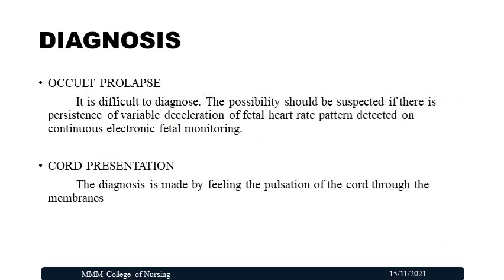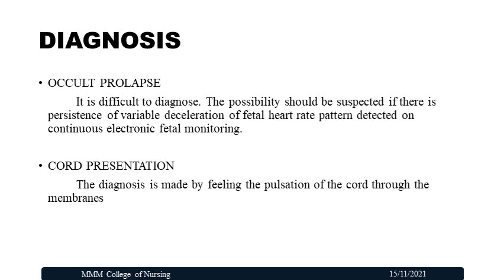Diagnosis of cord prolapse. So already we have seen the types of cord prolapse. Based on the type, we can diagnose cord presentation or cord prolapse. The first one is the occult prolapse. In this case, the cord is placed by the side of the presenting part, so it is very difficult to diagnose.